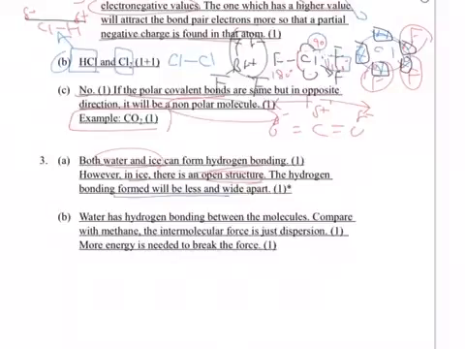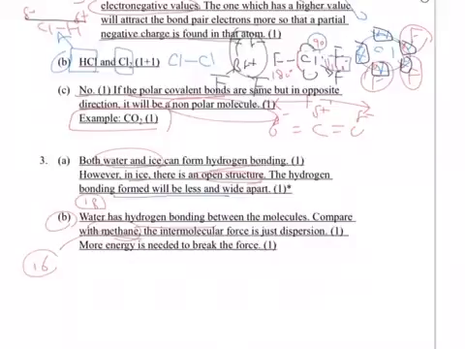So for the second one, explain between water and other substances with a similar molecular mass, why they have a difference in boiling point. Because of hydrogen bonding. But compare with other molecules with similar molecular mass, for example, methane. For water, the molecular mass is 18. For methane, it is 16, similar molecular mass.